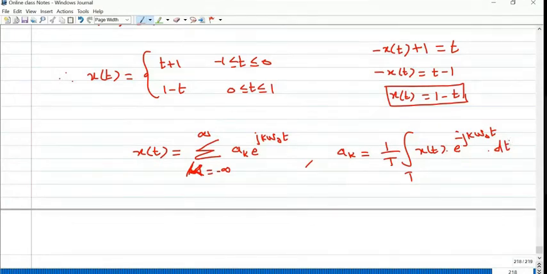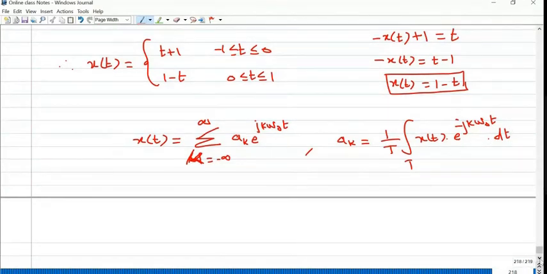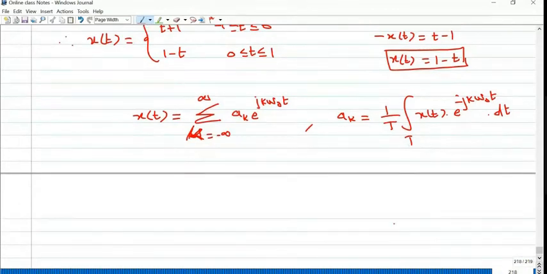So for this given problem, we have to solve in two steps. For ak, ak equals 1 by T, where the fundamental time period is 2.